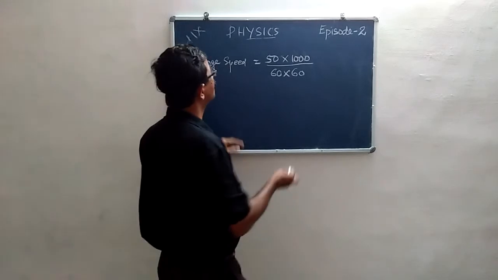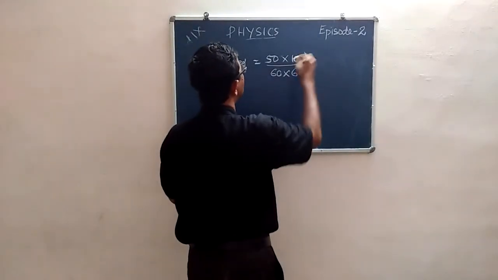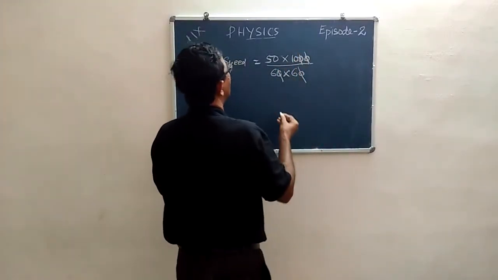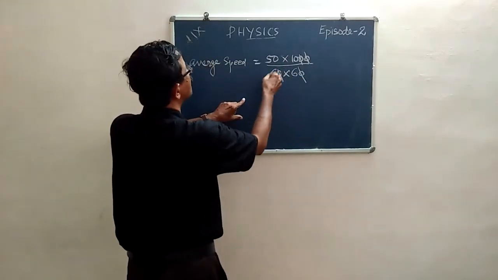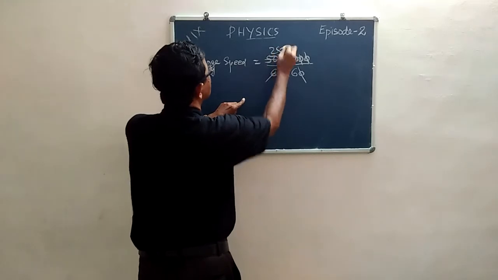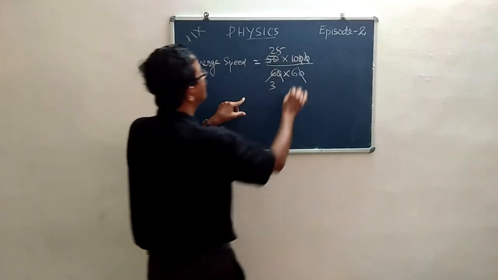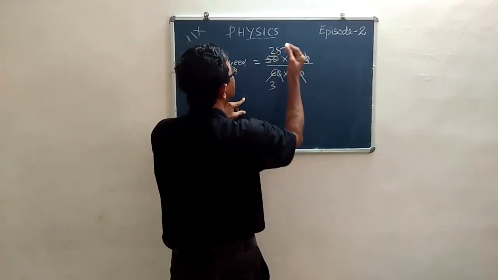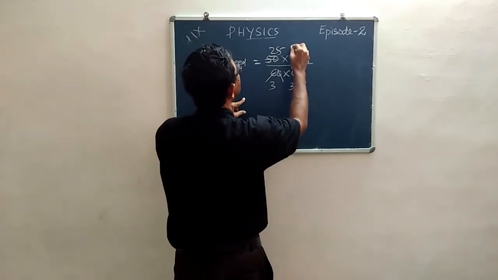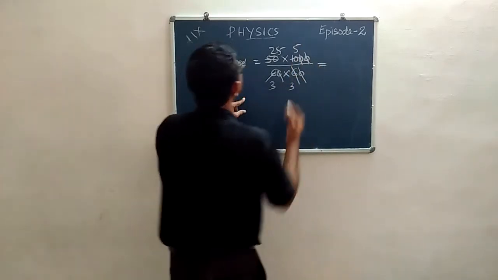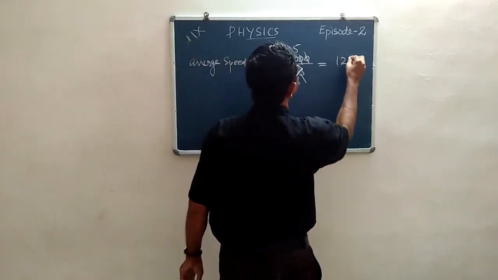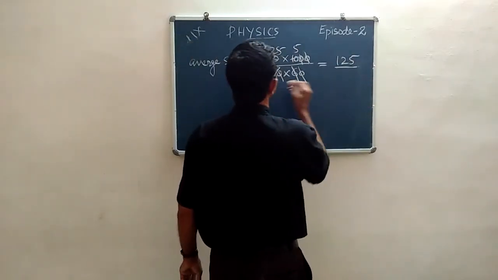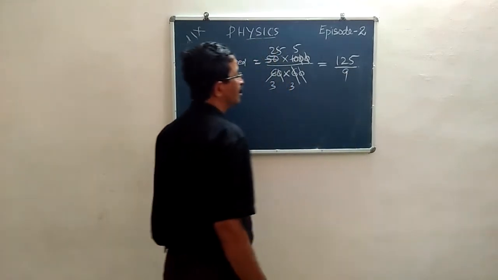When we simplify, we can cancel a 0, again a 0. Now with 2 we can cancel. Here we'll get 25, here 3, and again with 6 and 10 we get 3 and 5. This will be 25 divided by 9.